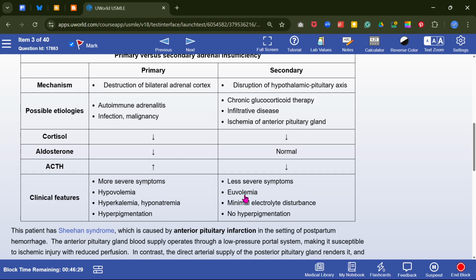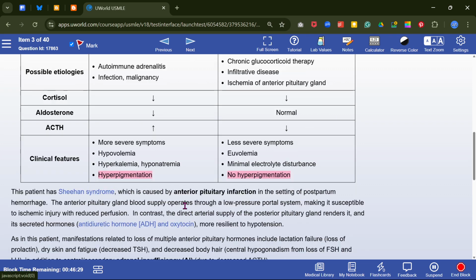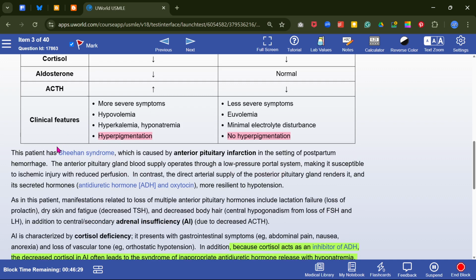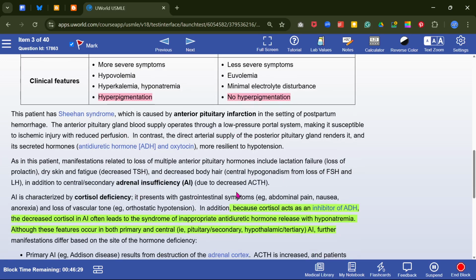But in secondary adrenal insufficiency, there are less severe symptoms. There may be euvolemia and minimal electrolyte disturbance. No pigmentation in secondary; in primary there is pigmentation. So it is Sheehan syndrome: anterior pituitary infarction in the setting of PPH.